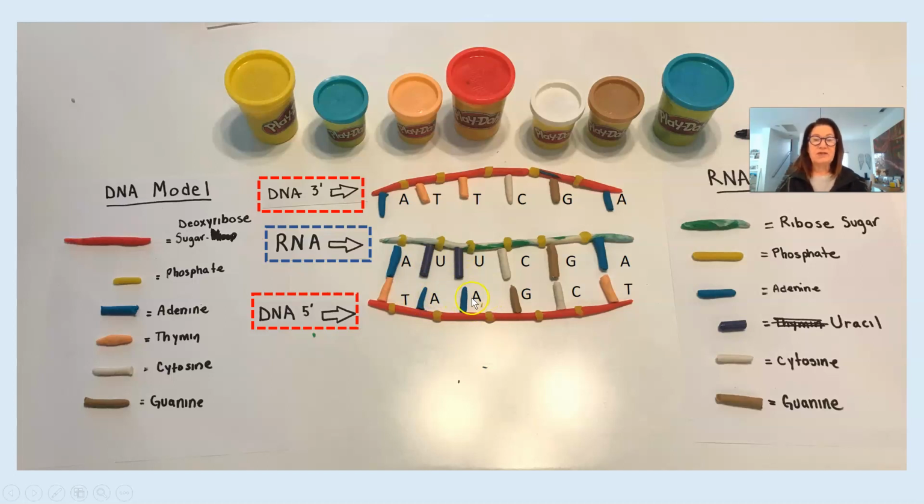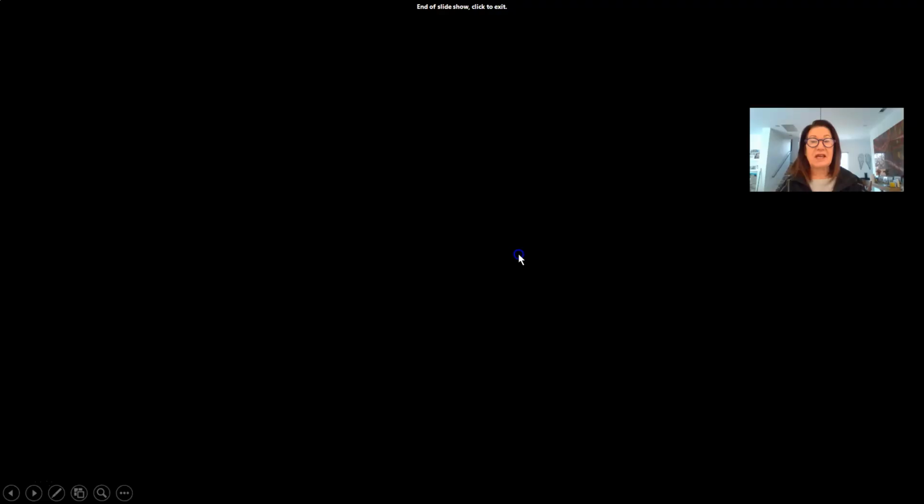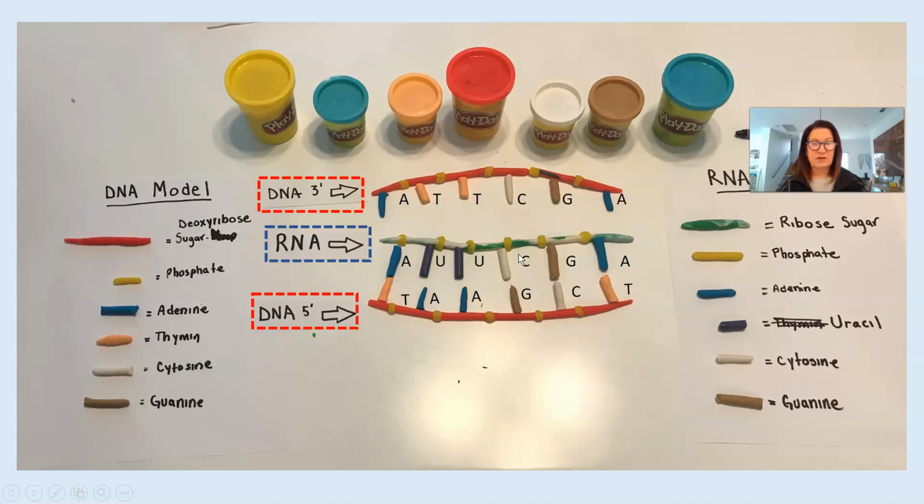My next one is A, and again I have a U. Then here I have a G, and G goes with C, which is the same as DNA. Down here I have a C, and C goes with G, same as DNA. And down here, I again have a T in my DNA, and that will match with an A in my RNA. So you can see I have both these models.